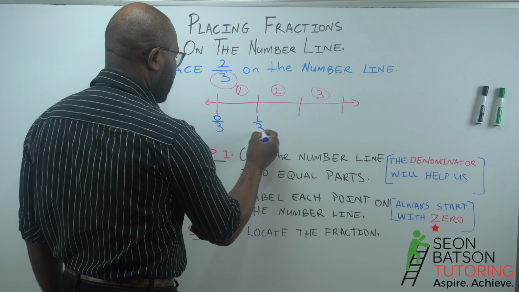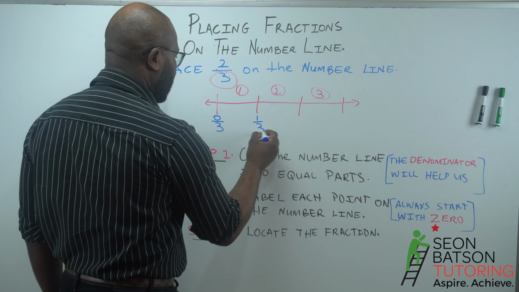So, welcome back. Let's see. The very first step is to do what? Cut our number line into equal parts. And don't forget the denominator will always help you. The denominator in this example is 7, so we have to cut our number line up into 7 parts.